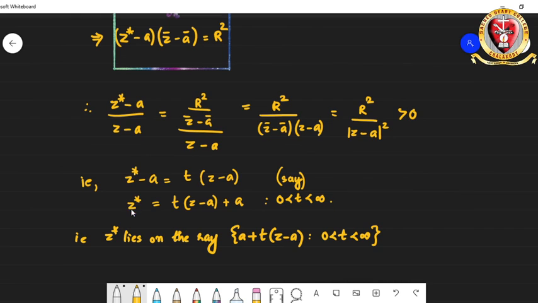So that is nothing but z star is equal to t into z minus a plus a, where t is varying from 0 to infinity strictly. Okay. And this means that this z star is lying on the ray a plus t into z minus a. So that is a decent observation about symmetric points.